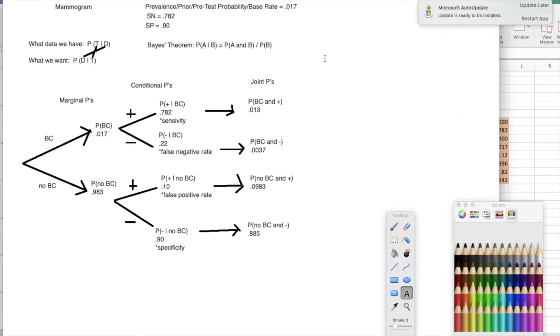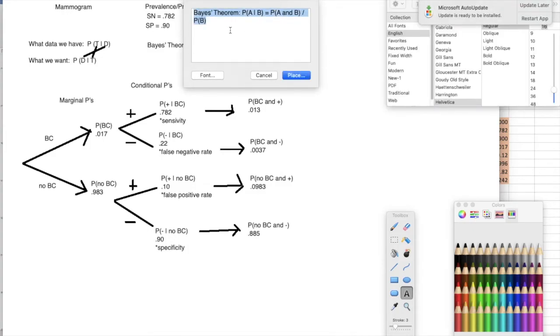So what we want is the probability of breast cancer given that we had a positive test. What does that sound like? That sounds like a positive predictive value, right? Equals, according to Bayes' theorem, the joint probability of both of these things happening, which we already know.